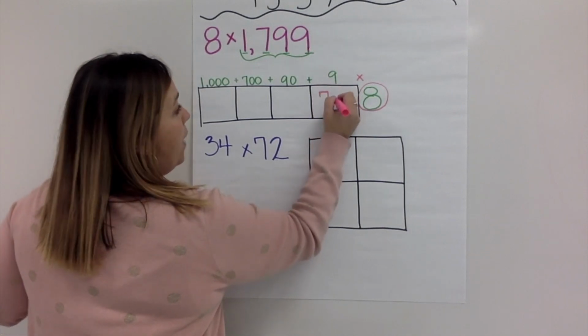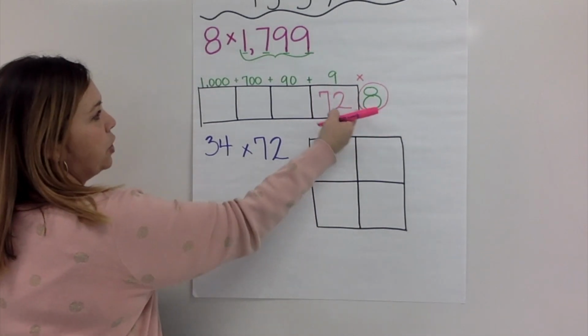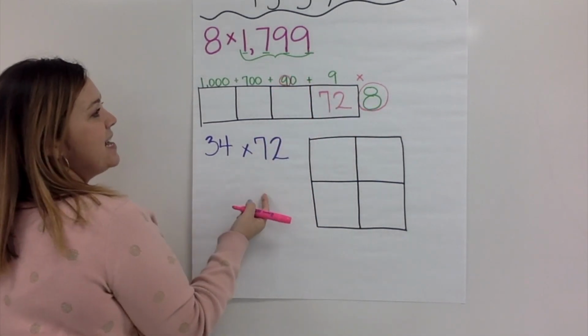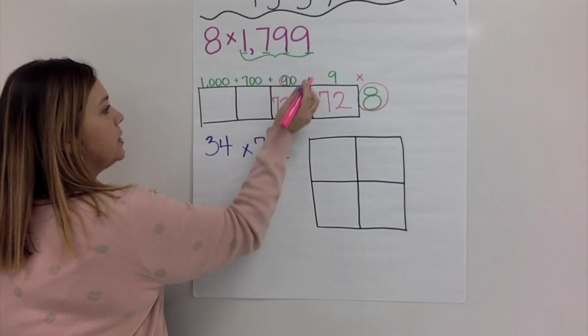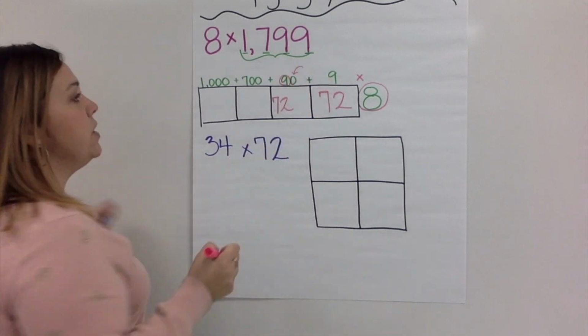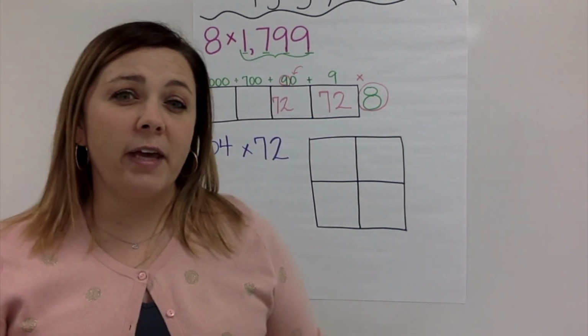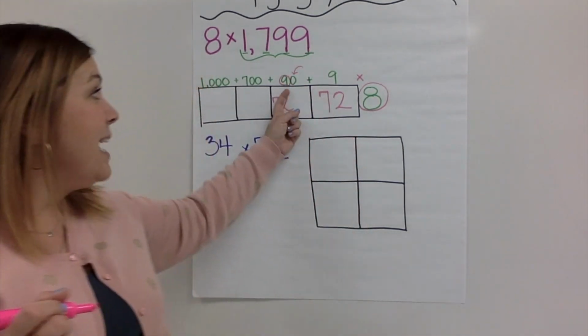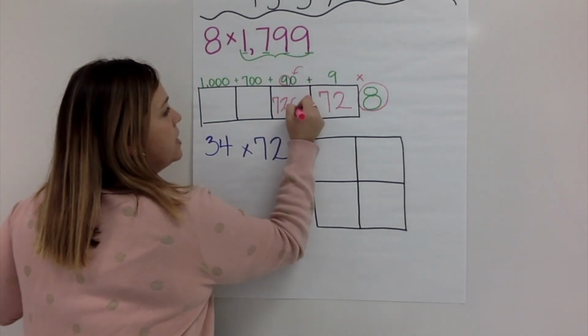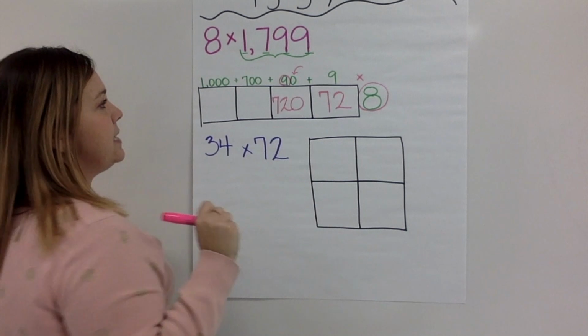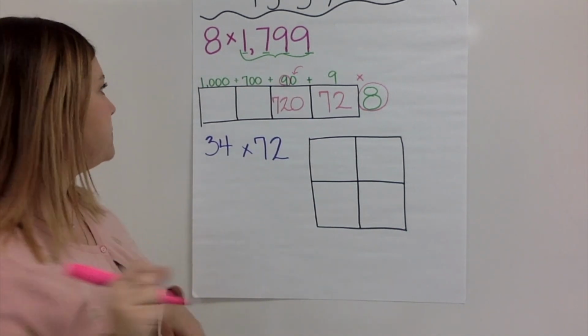Very good. You already told me that 8 times 9 is 72, so I can write it again right here. But look here, there's a little something different. We have a 0. So don't forget, we're actually multiplying by 90, not only 9. We can't forget that 0 there. So 8 times 90 is 720.